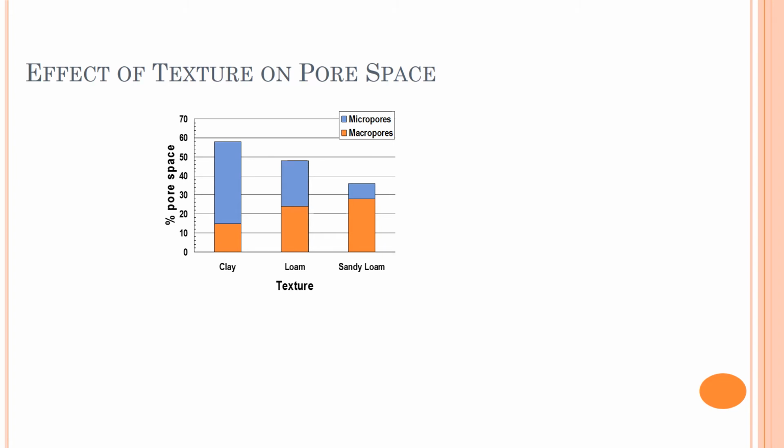So we can see that clay has significantly greater percentage of micropores. Loam has half and half, and sandy loam has very few micropores, but a lot of macropores. So clay is going to have much more pore area to move anything. Sandy loam is going to have much less pore space to move things. Loam is the perfect mix.